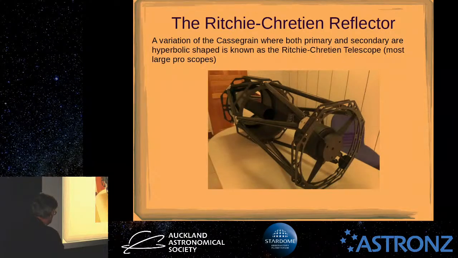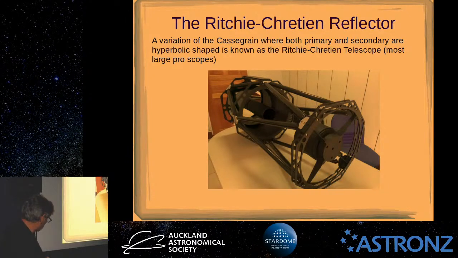And we've got lots of variations of the Cassegrain idea. This one is a Ritchey-Chrétien telescope, which is a design used by most of the large observatories. There are some more exotic ones again.